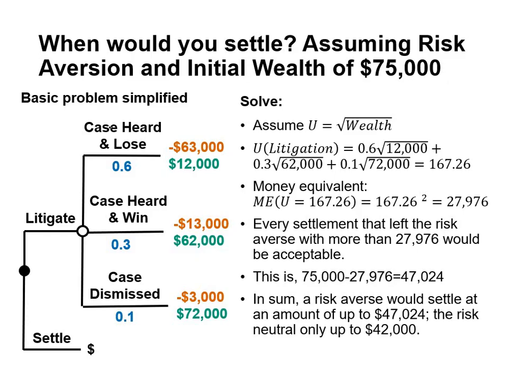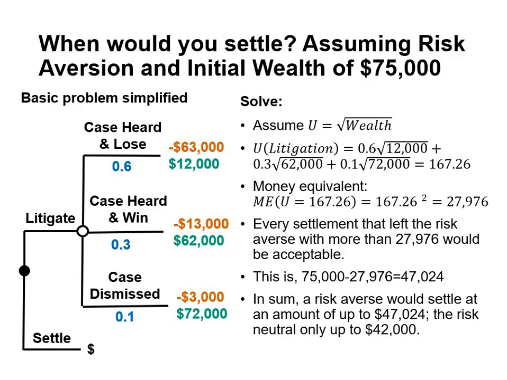And then we get 167.26. So now what we do is, what is the money equivalent? Well, we square the 167.26, and then we get the money equivalent of 27,976.